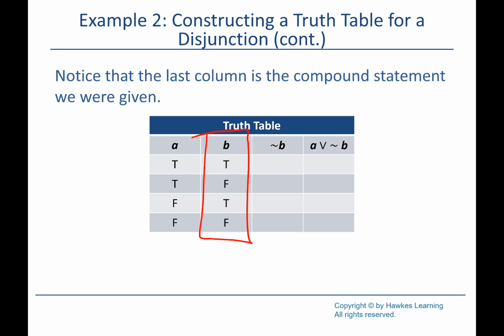That's the point of negation, right, is that we get the opposite truth value. So on the first row, B was true, so not B would be false. B was false, so not B would be true. Third row, B was true, not B would be false. And the last one, it was false, so it'll be true. That's it, we got that column. We're just flipping the truth value of B. Just the opposite.